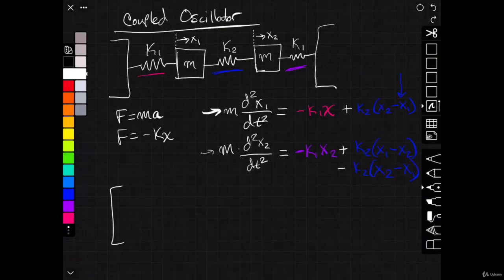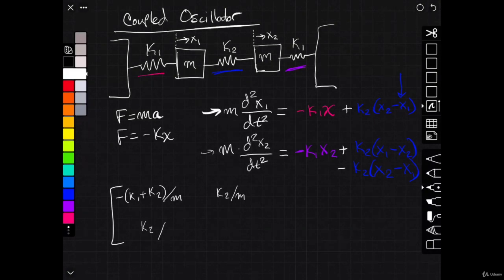So we have minus (k1 plus k2) over m. Then we have k2 over m. We have k2 over m here.